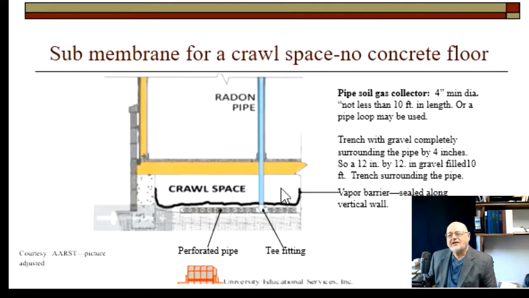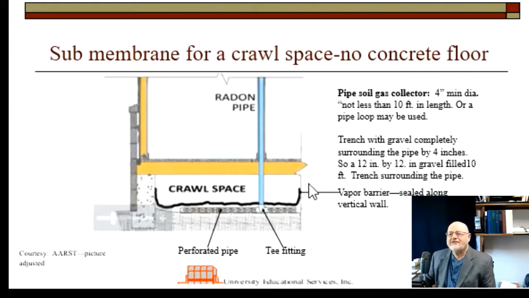Let's take a look at the case where you don't have gravel. Now, if you don't have gravel, instead of using the gravel to collect the gas, you're going to put a perforated pipe to collect the gas. And that's going to be put into a gravel trench, as we've seen before. Not quite as we've seen before, but close.